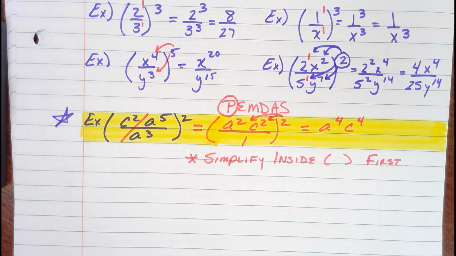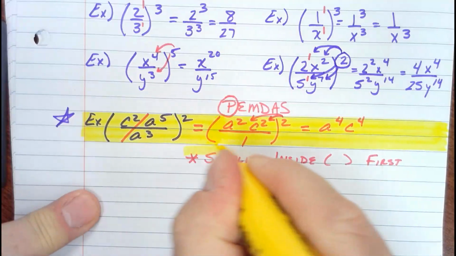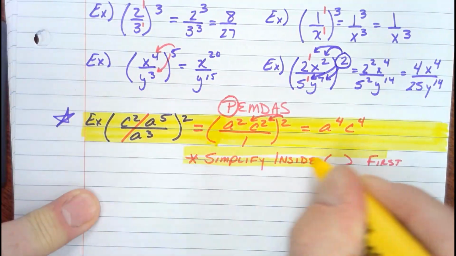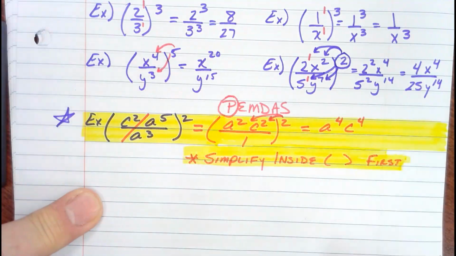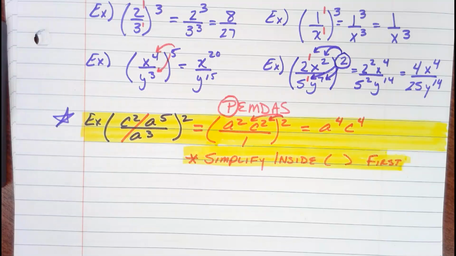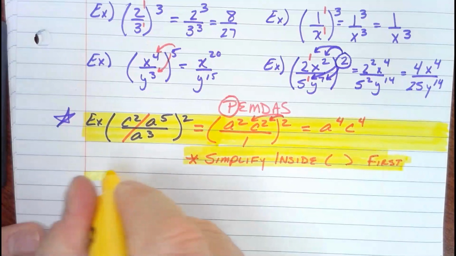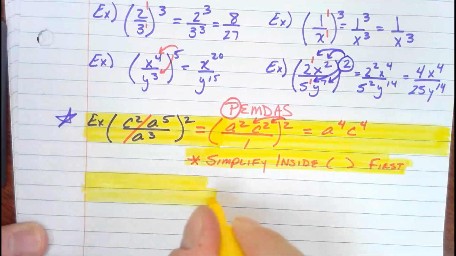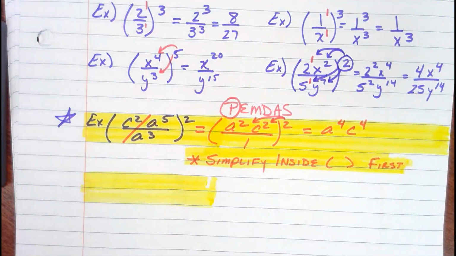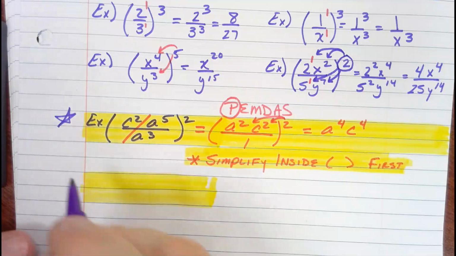And that is why that is a starred example. Because of this note, you have to look inside those parentheses and see what it is you can do. So we're going to talk about a couple more of these, just to pick up the different ways that it can be kind of screwy.